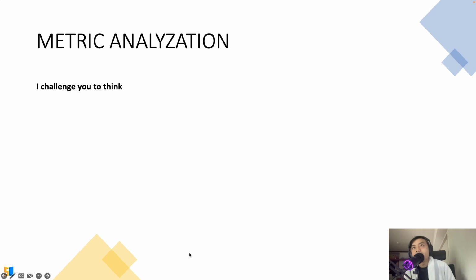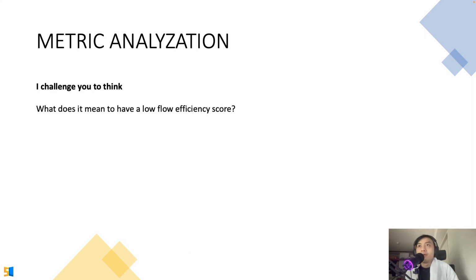So I challenge you to think from that example, what does it mean to have a low flow efficiency score? It means that we have a lot of inactive time, right? Engineers or team members doing nothing. Why? It can be a slow review process.